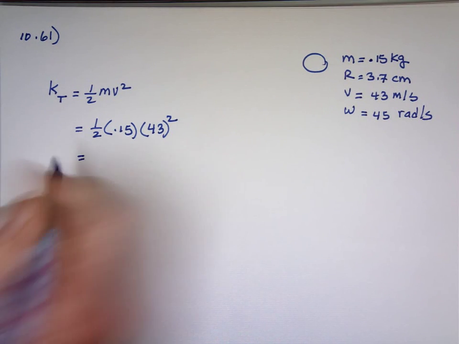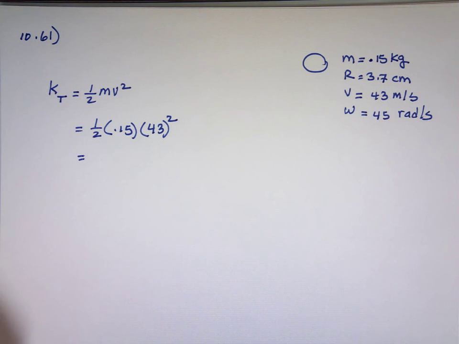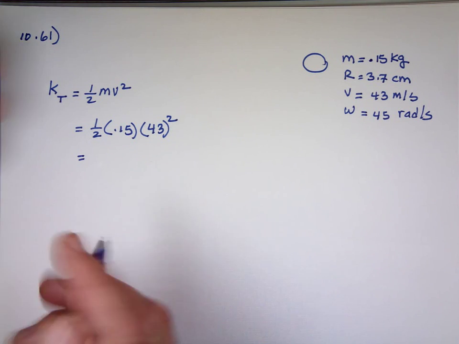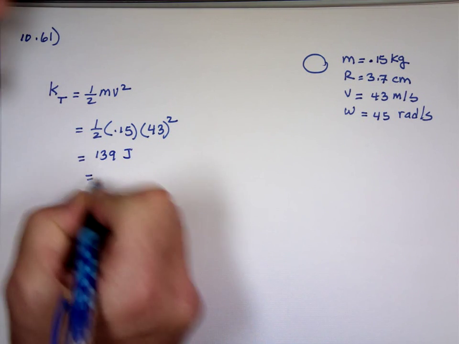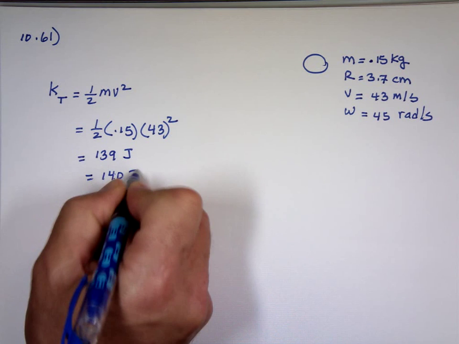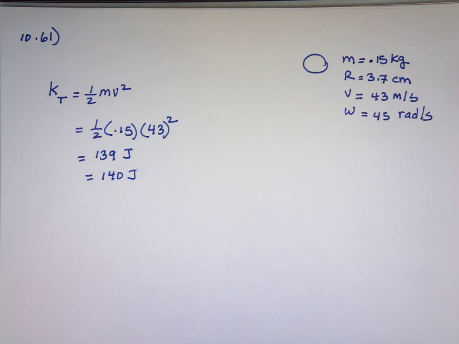So let's see, 0.5 times 0.15 times 43 squared, and it's 139 roughly. And if they want to use two significant digits, that's 140 joules. And I'm sure part B is rotational kinetic energy.